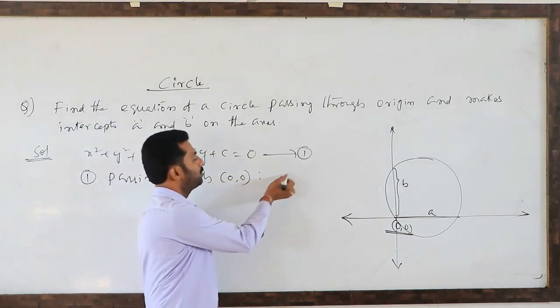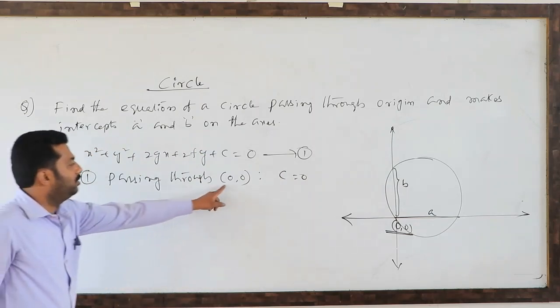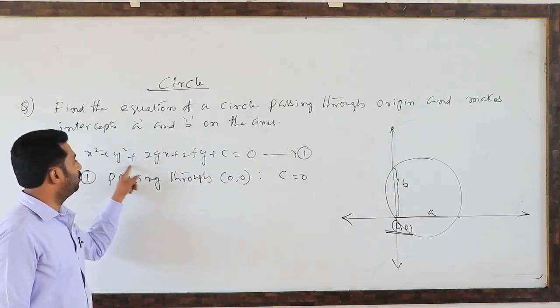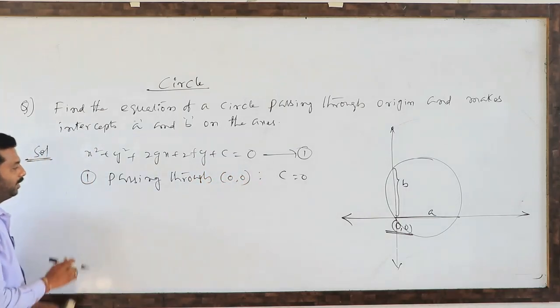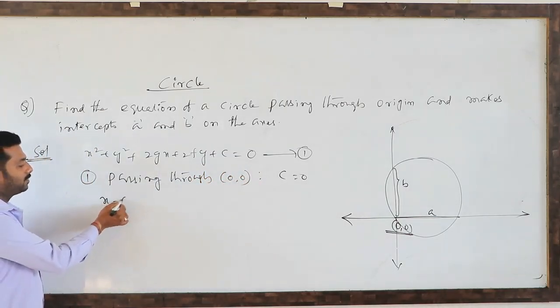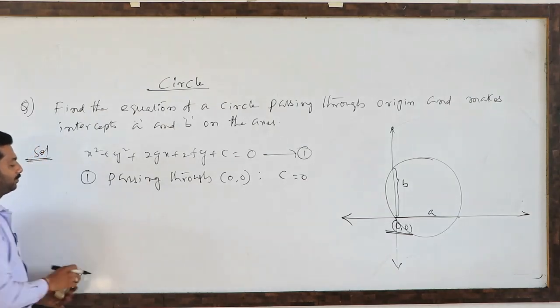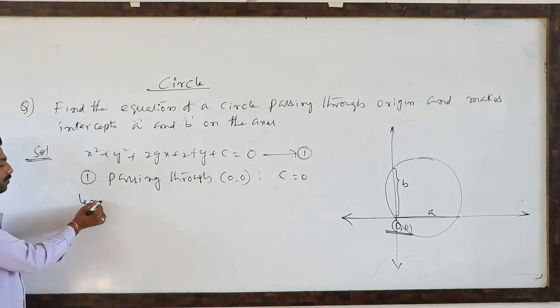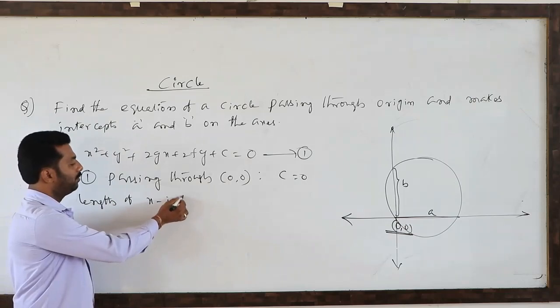Already we discussed this point, the c value will be 0. If you want to check, substitute x value 0, y value 0. The c value will be 0. So c we got. Now, length of the x-intercept.